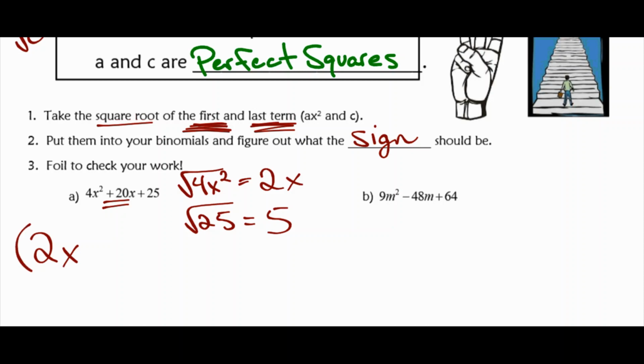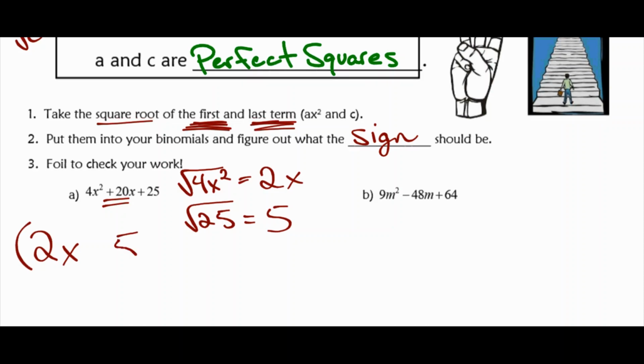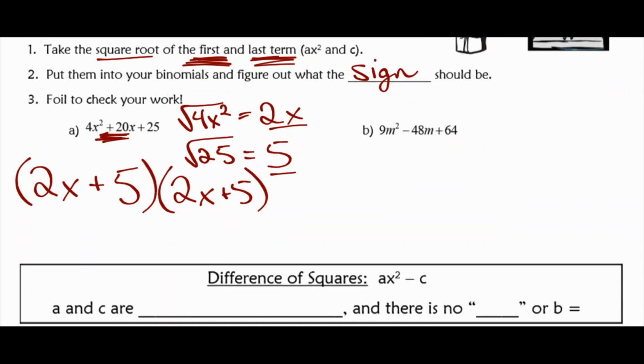So when I write this into my binomial, I'm writing these two terms together, 2x and 5. If this is a positive, that's a plus sign. And you can write this in two different ways. You can write this as 2x plus 5 times another 2x plus 5, or the simpler way, 2x plus 5 squared.